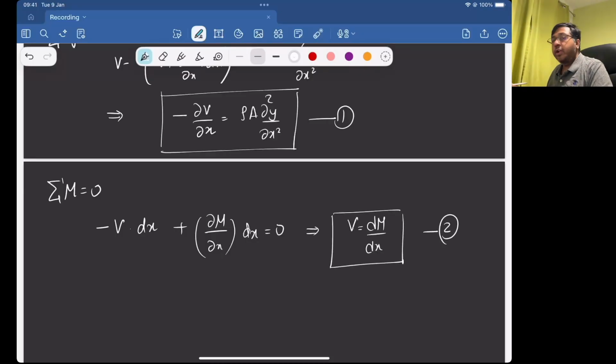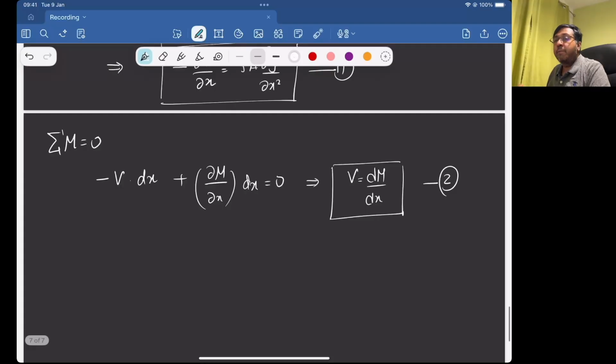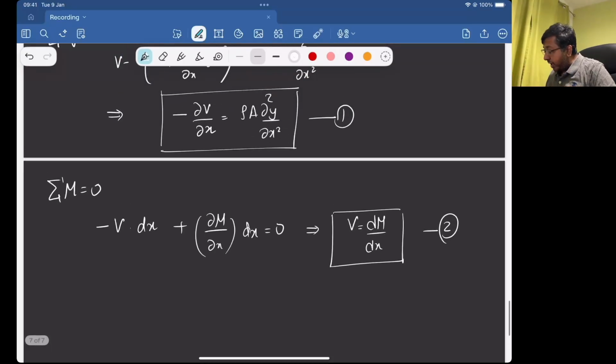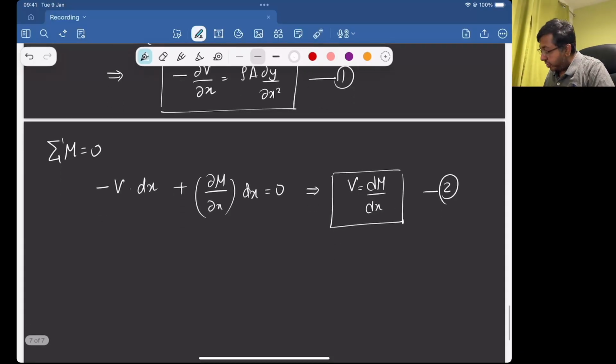I'll leave it to you to derive all the steps. I'm just giving the simplified version so that we can move ahead. Now I have a relation that relates the shear force with the moment, and I can substitute equation 2 into equation 1.